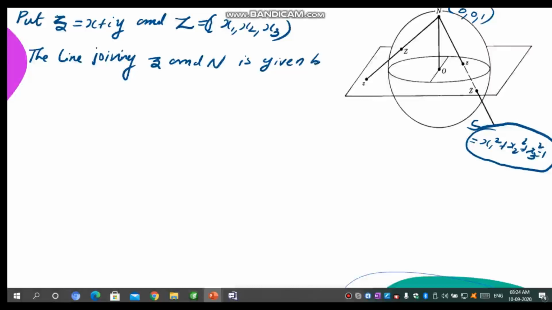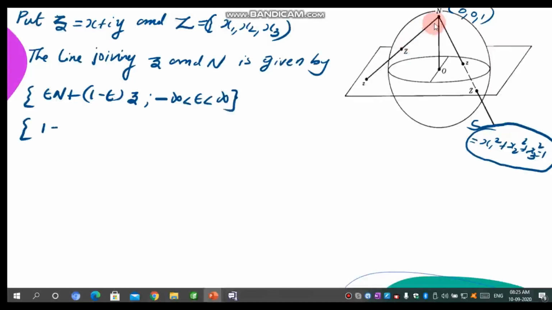For that, we know that small z and capital Z are joined. The line joining small z and capital N has the equation tN plus (1 minus t) into z, where minus infinity is less than t less than infinity.